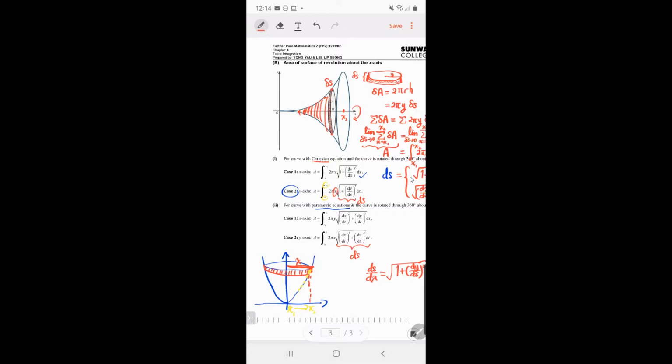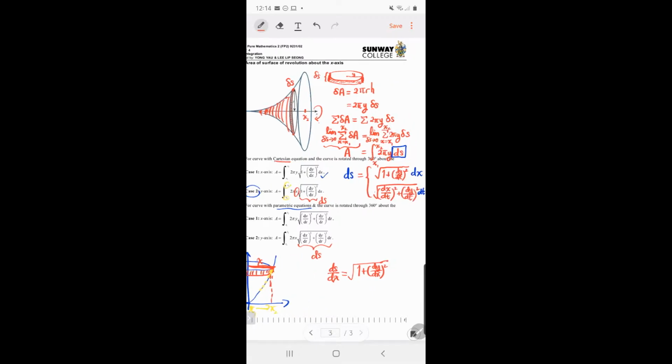So I take a particular ring, assuming that this one is hollow. This is a ring with the radius y, and the height, or you can call it the width, is δs. So in this case, the surface area of this ring, the δA, looks like a cylinder.